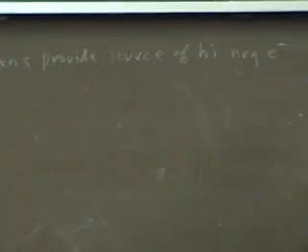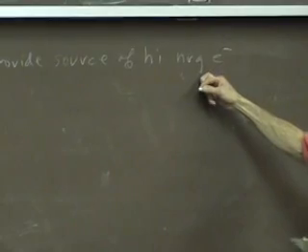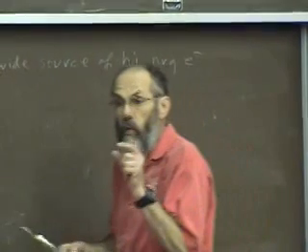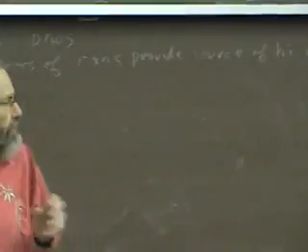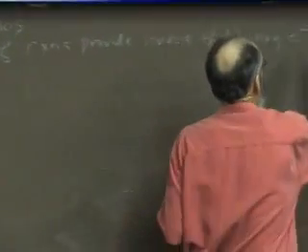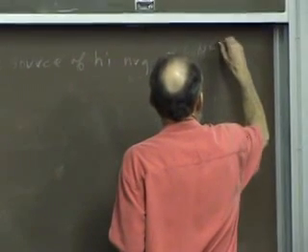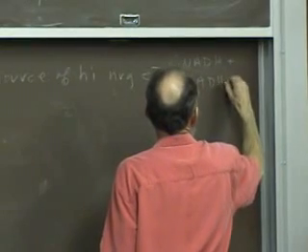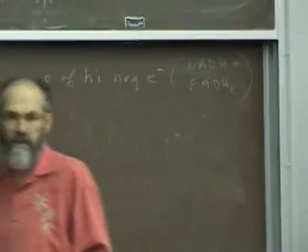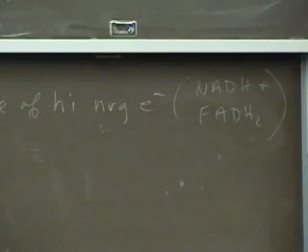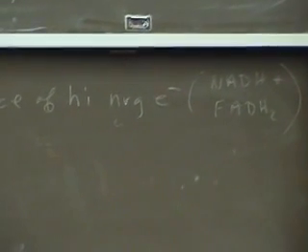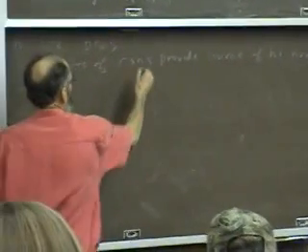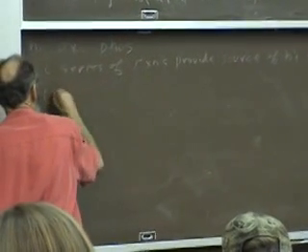So glycolysis and the Krebs cycle provide us with a source of high-energy electrons, right? And where are these electrons found? Well, they're found in NADH and FADH2. Those are the coenzymes which temporarily store these high-energy electrons. Glycolysis, pre-Krebs, and Krebs are the reactions that we're talking about here.